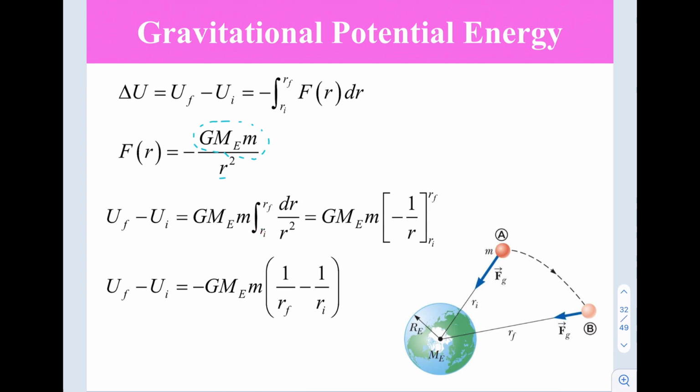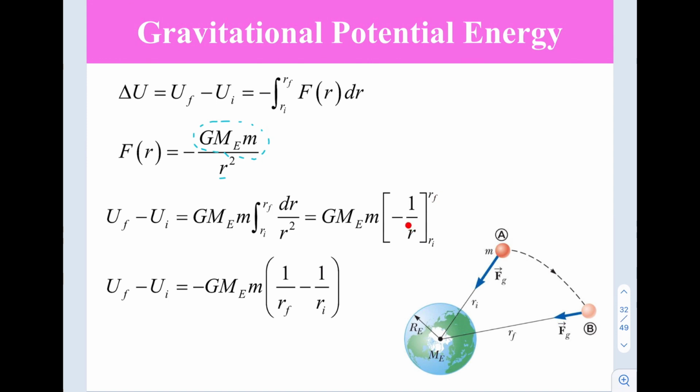Doing this gives us G, mass of the Earth, mass of the object, times negative 1 over r from initial up to final r.